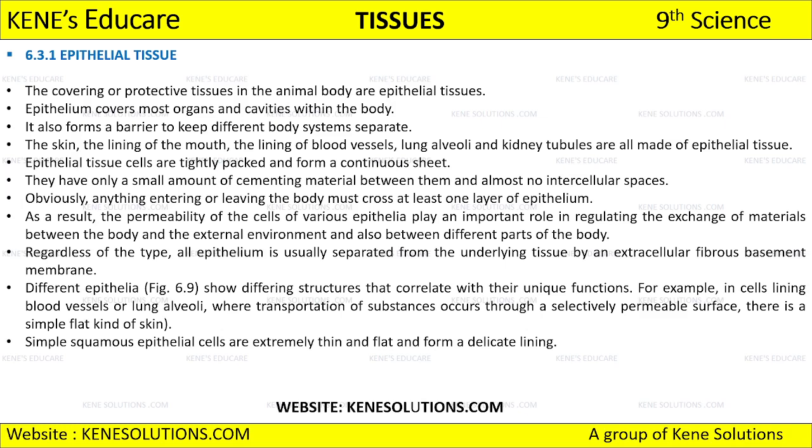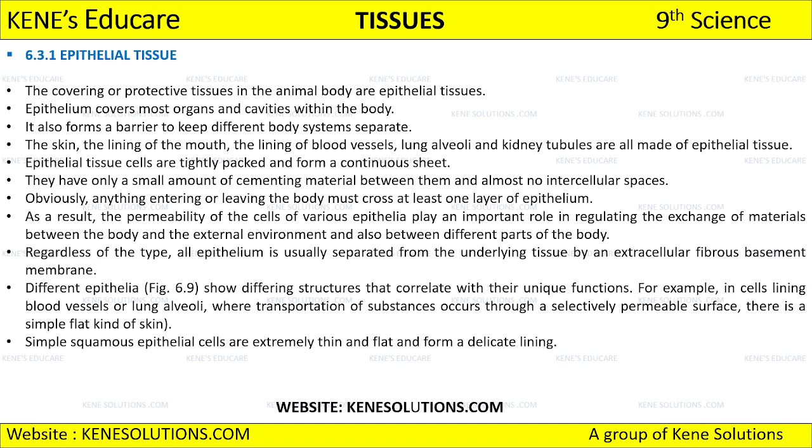Then the skin, the lining of the mouth, the lining of the blood vessels, lung alveoli, kidney tubules, they are all made up of epithelial tissue. So when it comes to giving an example of epithelial tissue, you can write the skin, lining of your mouth, lining of your blood vessels, lung alveoli, kidney tubules.